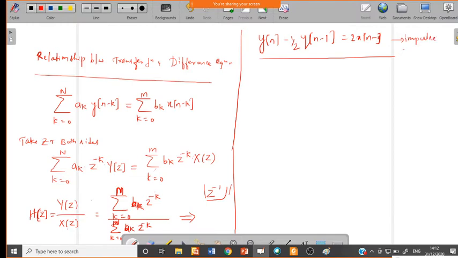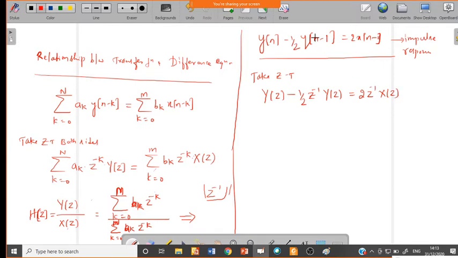So first you need to take the z transform, then find out the transfer function, and then you will be able to find out the impulse response. Now take the z transform for this one. If you take the z transform, you will get y of z minus half into z power minus 1 into y of z, which is equal to 2 into z power minus 1 into x of z.